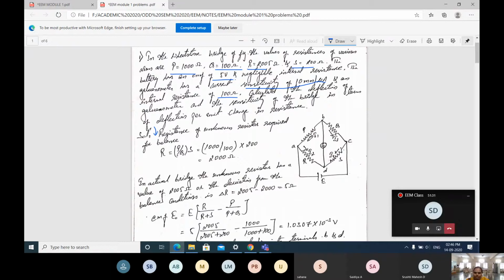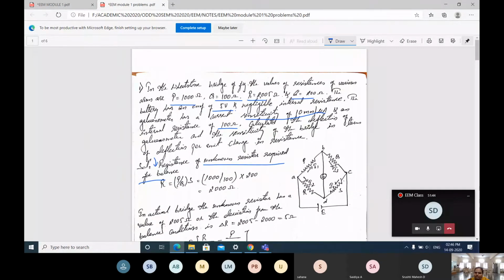Okay. Here the construction is given. The resistance of the unknown resistor required for the balance. Which one is unknown for us? Here PQRS is given, but in the Wheatstone bridge, R is the unknown factor for us. For that reason, R is taken as R equals P divided by Q into S. That equals, what is our P value?